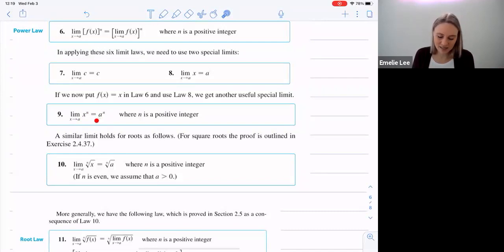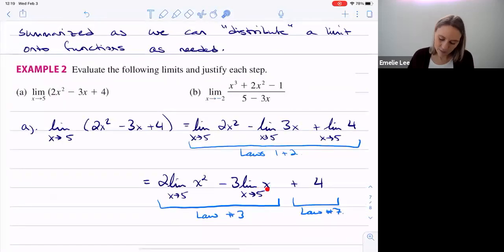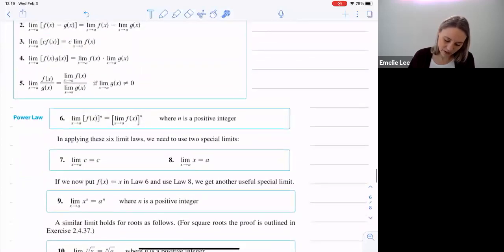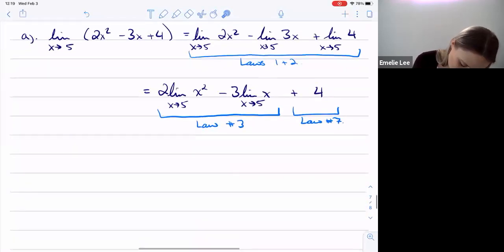And I think we've got the limit of x as x approaches 5, there we're going to use law number 8, right? So law number 8 and law number 9, we can use pretty easily.